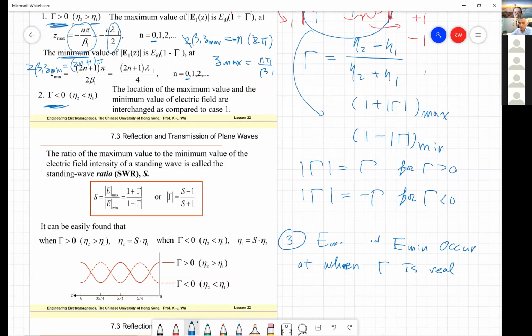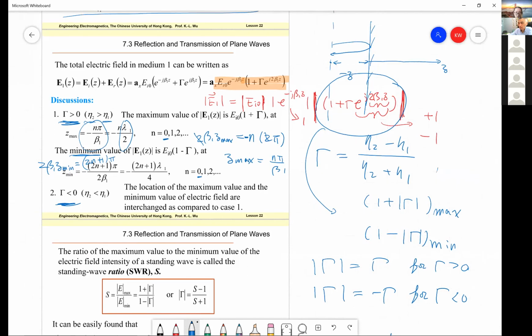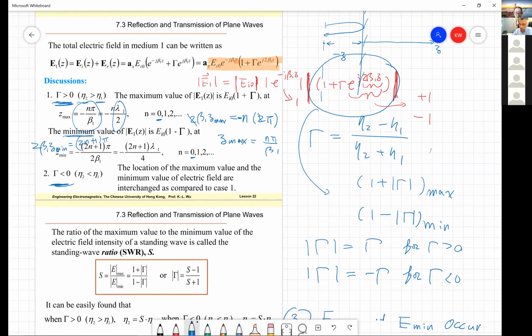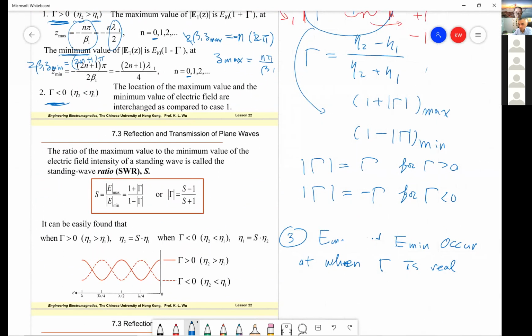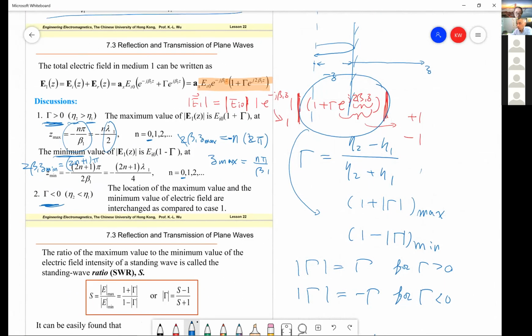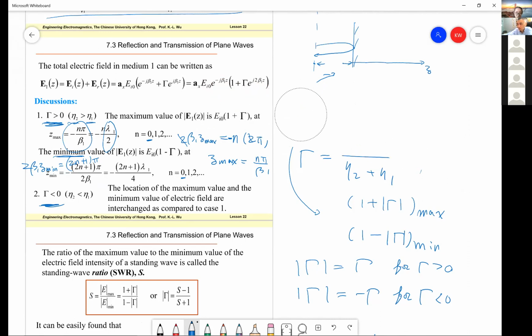You see, if you look at the reflection coefficient, okay, so if I call this a reflection coefficient, in general, sorry, not this.